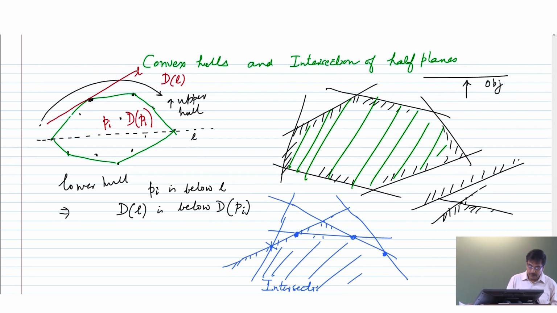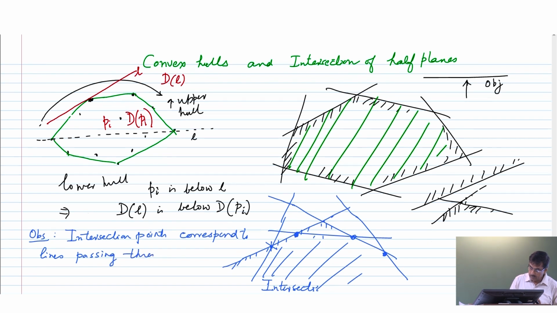So, one clear observation is that intersection points correspond to lines passing through... I need some notation, so let us use P prime for an intersection point.